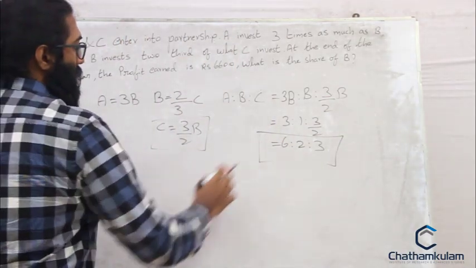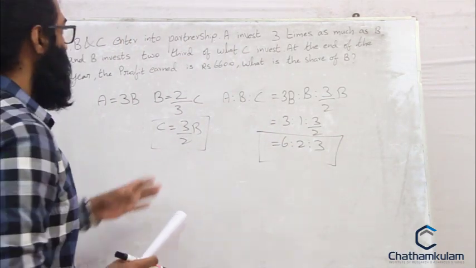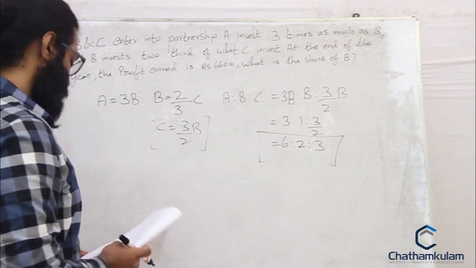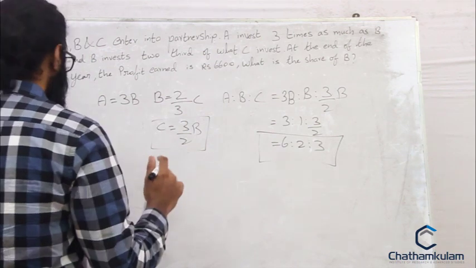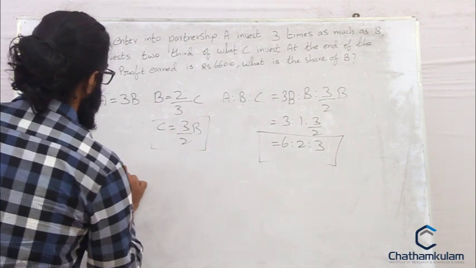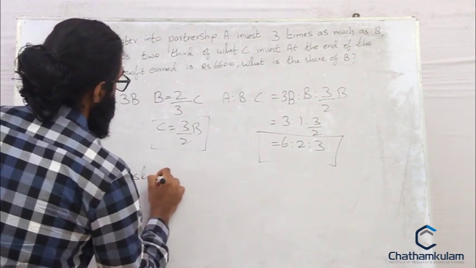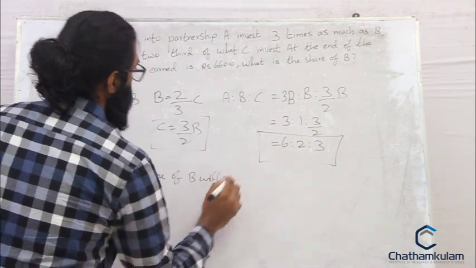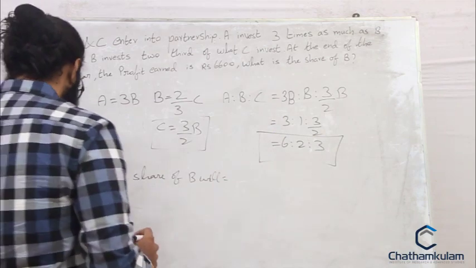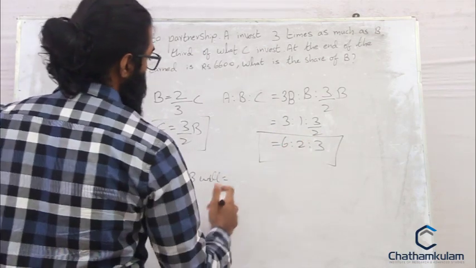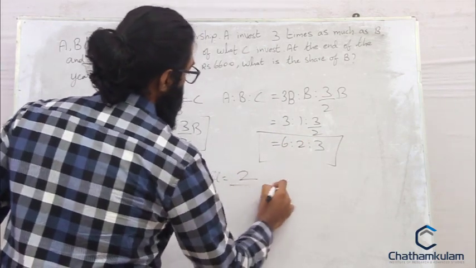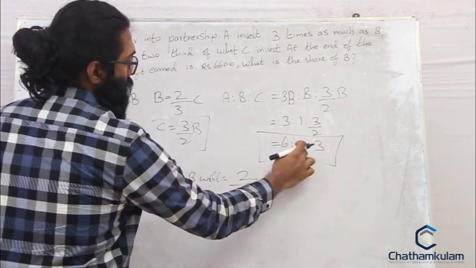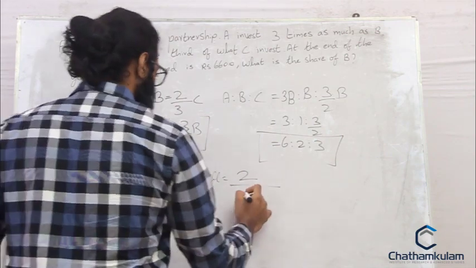So this is the ratio, but in the question it's given that the profit earned is rupees 6,600, right? So the share of B will be, what is the ratio here of B? It's 2, right? What is the total ratio? 6 plus 2 plus 3, which is equal to 11.